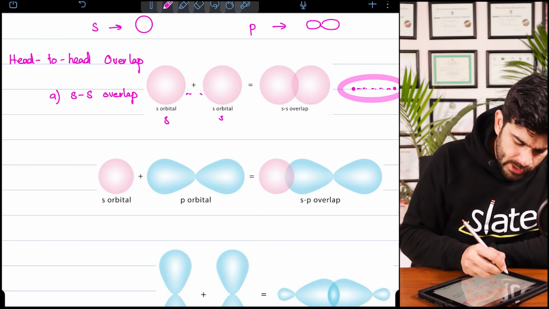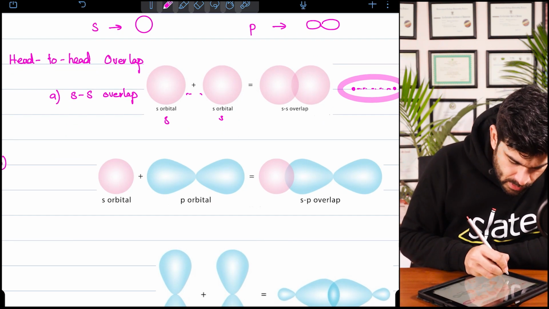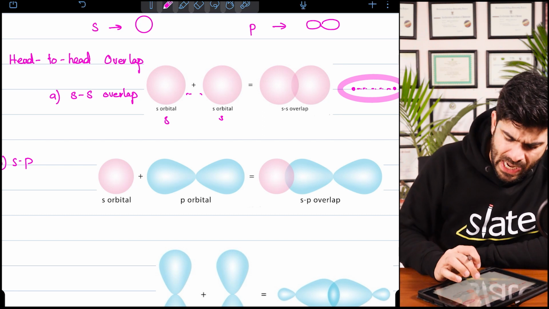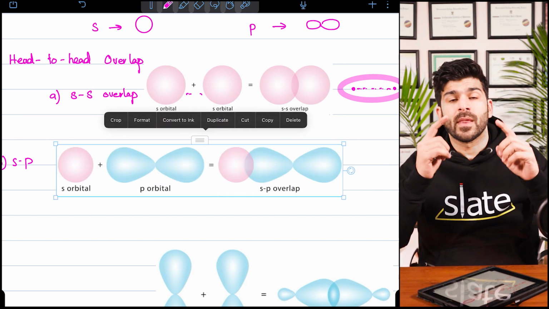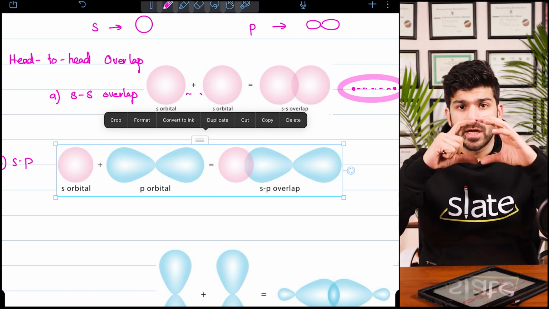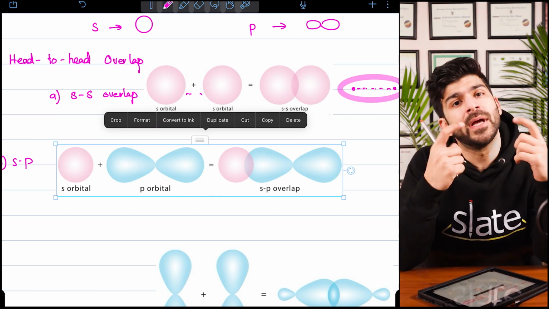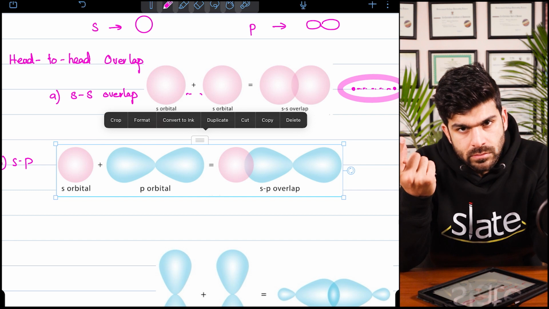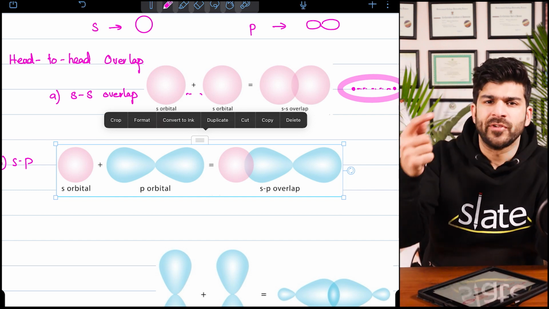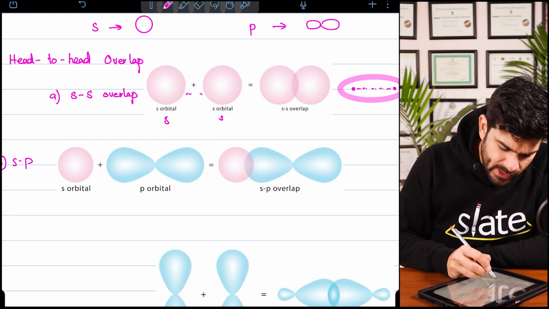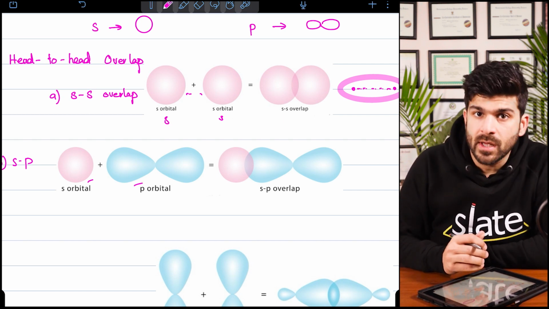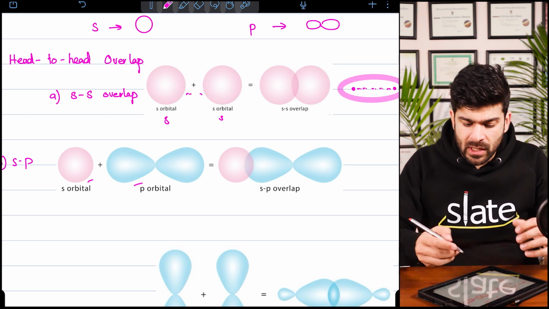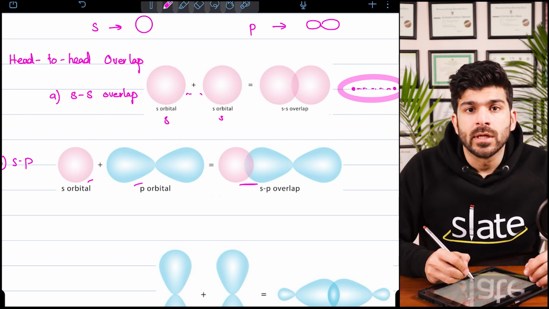Likewise, the other one is the S-P overlap, where one is an s orbital and the other is p. Since s is a sphere, any overlap of s will be a head overlap because every side of a sphere is the same. So see the s orbital and the dumbbell-shaped p orbital, that's how they overlap.